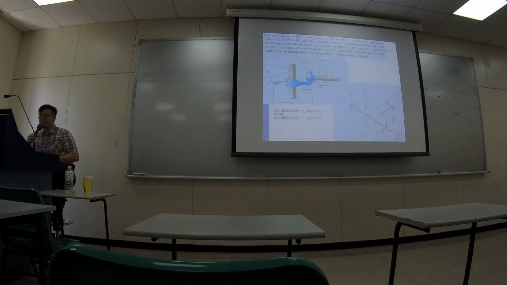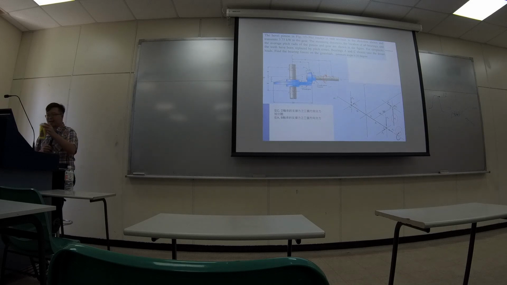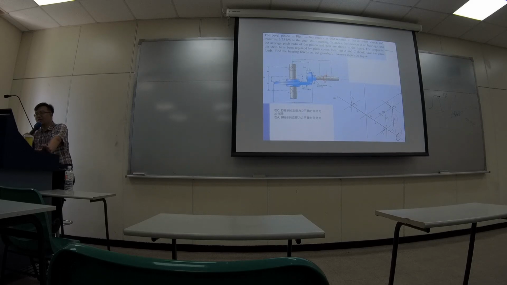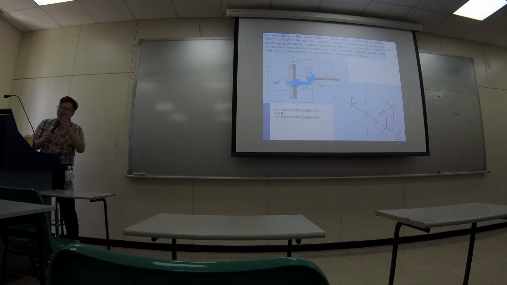Okay, next. This is a problem that, when I taught this course, I usually asked students to try to solve. I like this problem very much because not only do you need to understand the gear and pinion pairs, I should say bevel gear and bevel pinion, you also study something about the shaft.